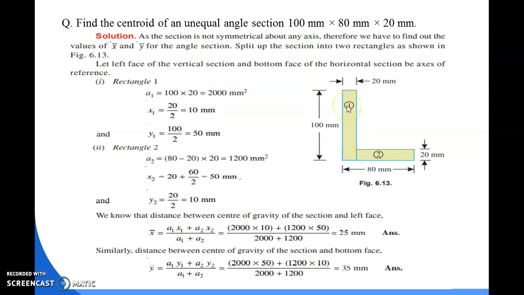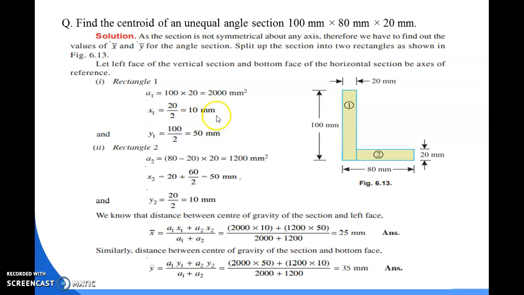Then we have to calculate the center of gravity of this section along the x-axis and along the y-axis, because we have to calculate the CG along both the axes. For x1, the value will be b by 2. The b value is 20 mm, so 20 by 2 is 10 mm.